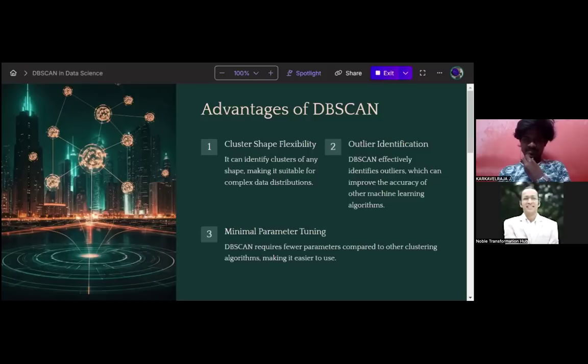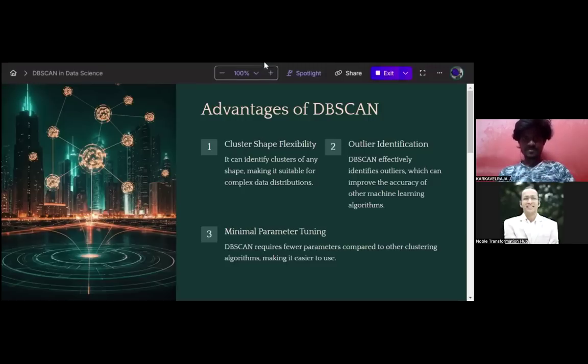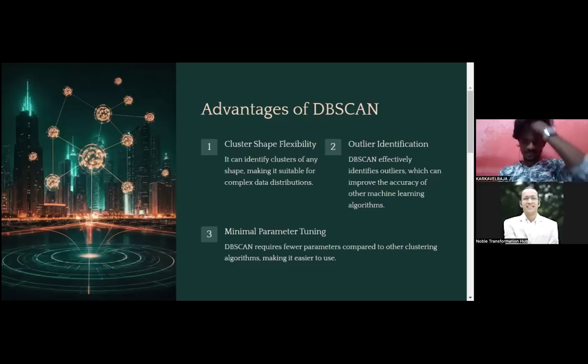Third, minimal parameter tuning. A parameter is an attribute or characteristic of the data, and tuning it matters. DBSCAN requires fewer parameters compared to other clustering algorithms, which makes it easier to use. So these are the three advantages of DBSCAN. Let's move to the other section.